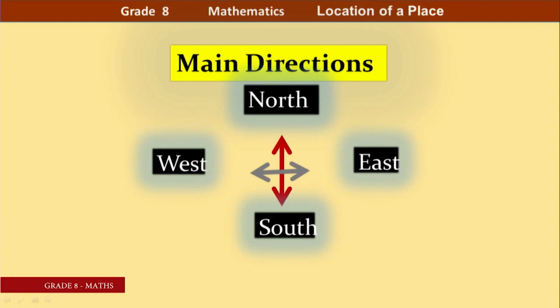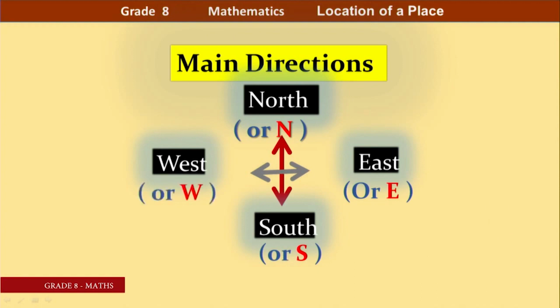When we denote north, east, south, west, we can use capital letters: for north, the first letter, that is N; for east, capital E; for south, capital S; and to denote west we can use capital letter W. So, these are the main 4 directions.